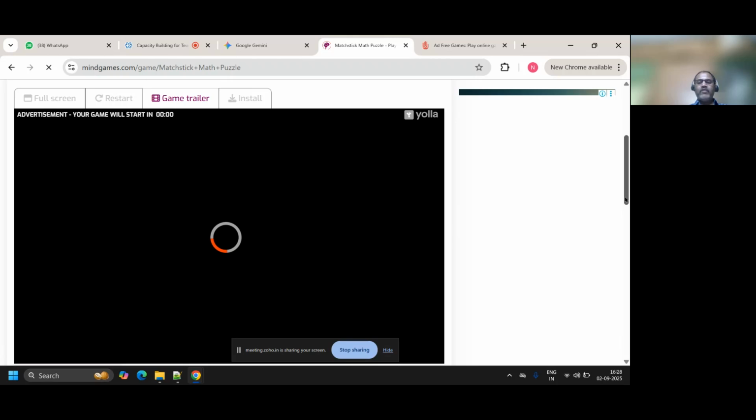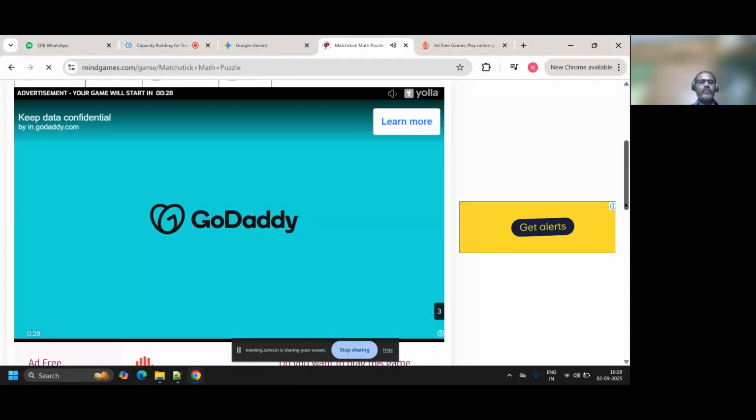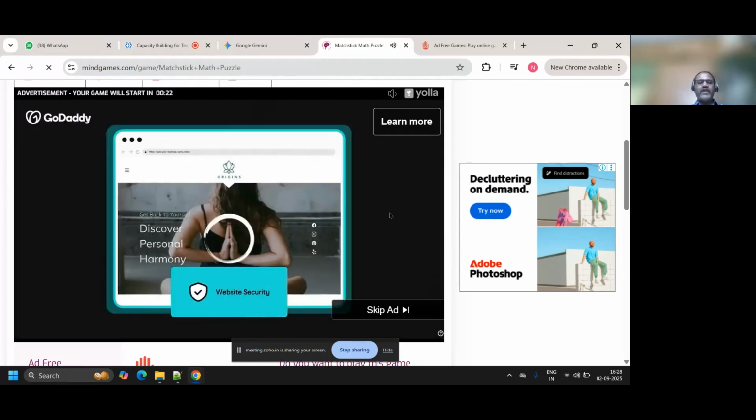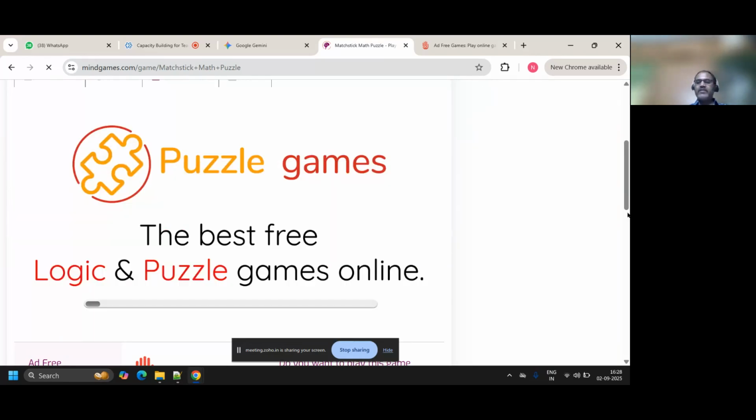Even if you play one small game, this is how they make money out of these sites. If they say skip ad, because it's a free site, it cannot be shown in the school for some reason.